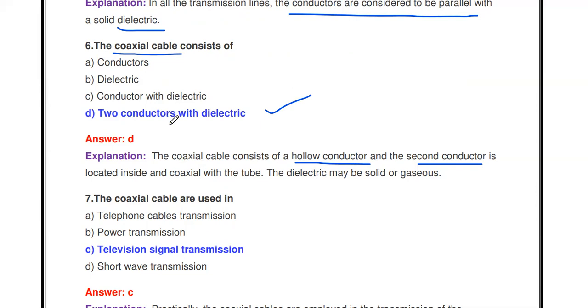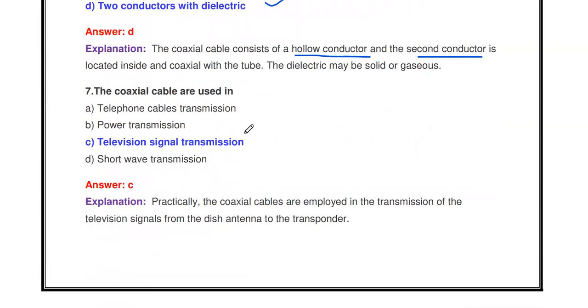The next one: coaxial cables are used in dash: telephone cable, power transmission, television signal transmission, short wave transmission. Coaxial cable is used in television signal transmission. The antenna is connected with the TV receiver via this coaxial cable.